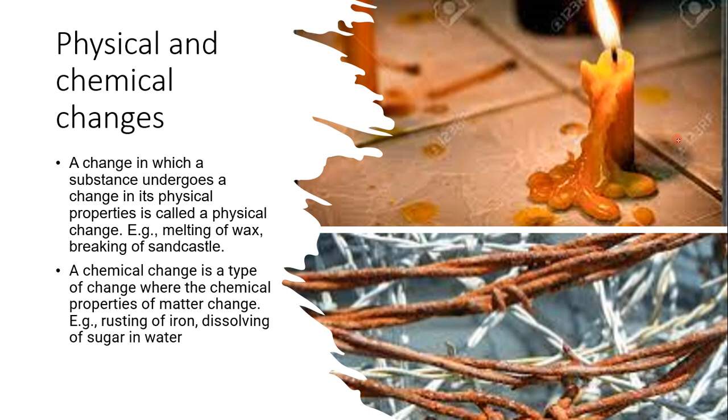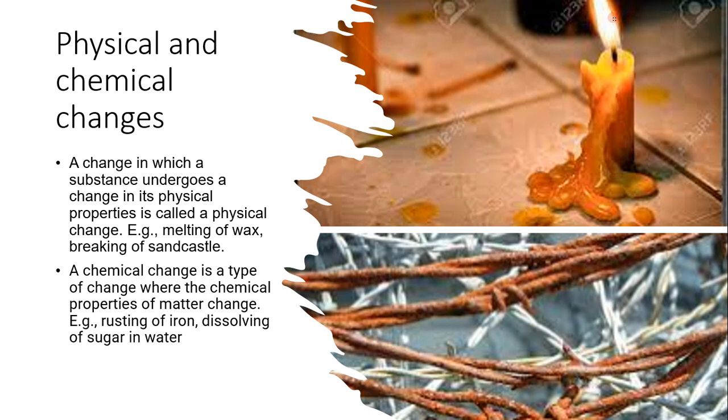Melting of a candle. How does it melt? Its property is that if you take melted wax and pour it into a tumbler or a container like this, and keep a thread inside, then put it in the freezer.